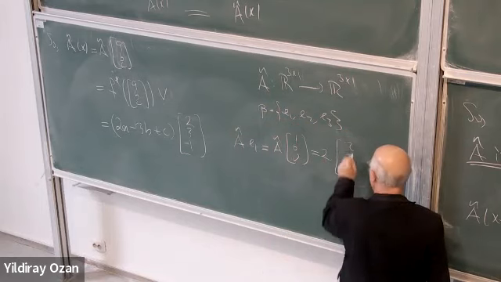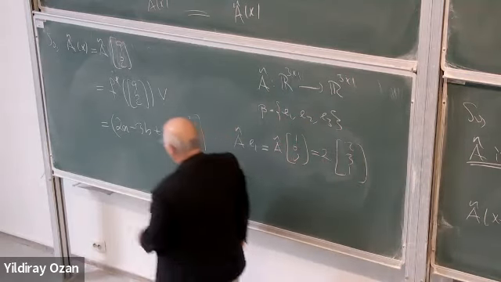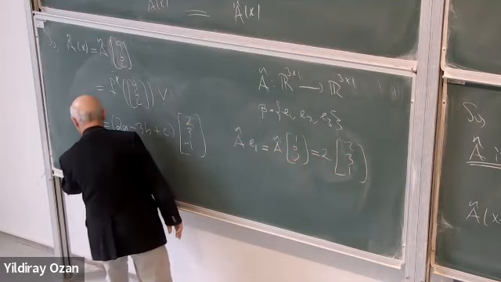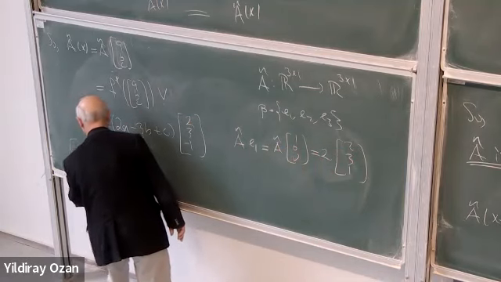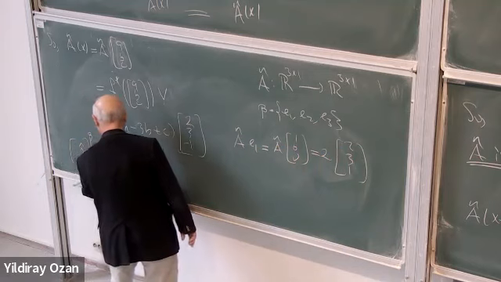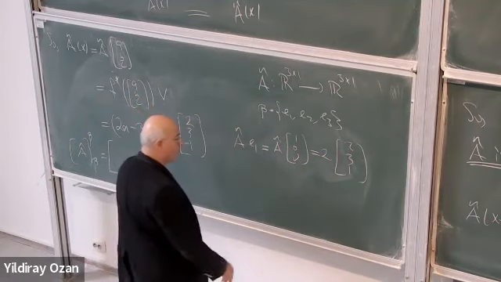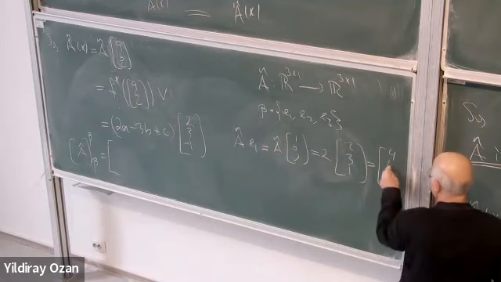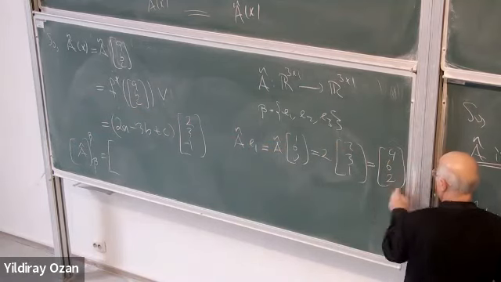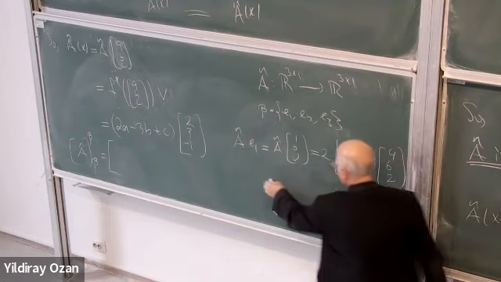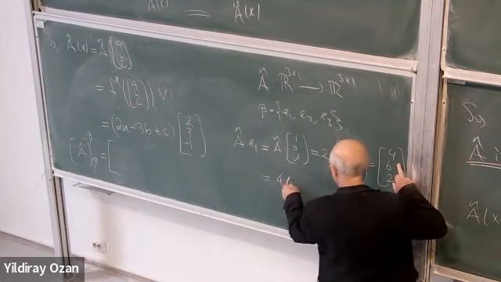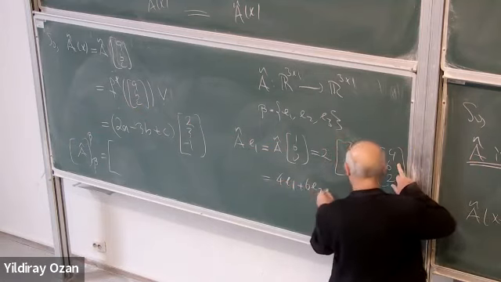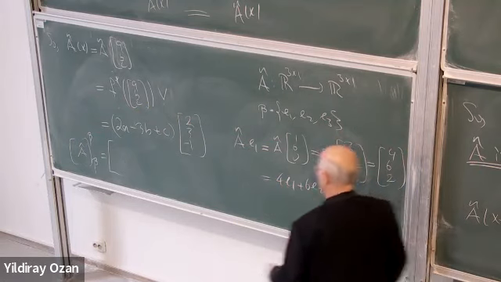2, 3, 1. So A hat main representation in the basis will be what? First row will be what? This is just 4, 6, 2. In other words, this is just 4 times E1, 6 times E2, and 2 times E3.